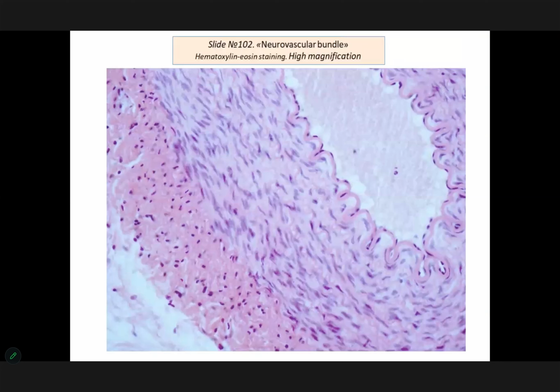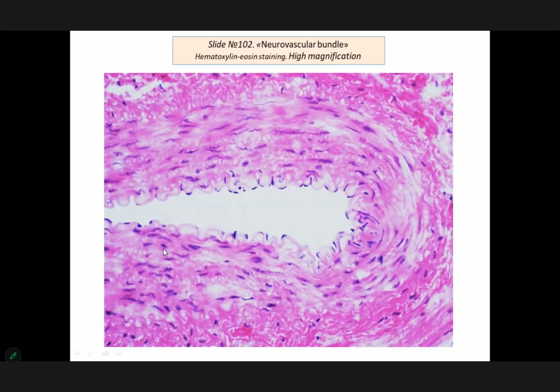On a high magnification, the cross-section of the artery of muscular type, its lumen, intima, consisting of endothelium and a thin subendothelial layer, and internal elastic lamina here, thick media, and thinner adventitia.